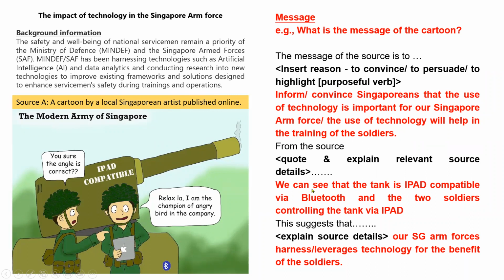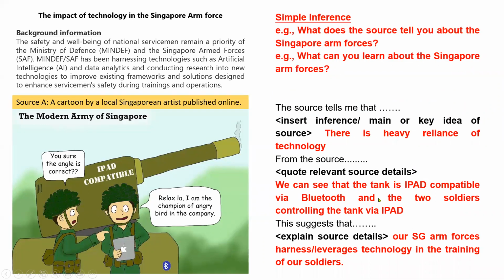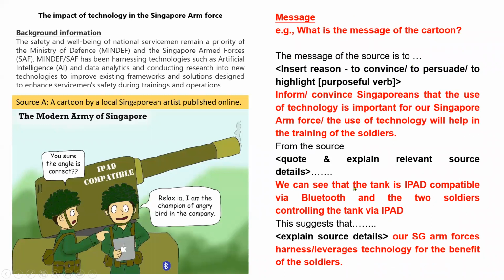And of course, when we code, it would be the same as how we code simple inference, because you're talking about the same source. So we can see that the tank is iPad compatible via Bluetooth, and the 2 soldiers are controlling the tank via iPad. It shows that our Singapore Armed Forces harnesses or leverages technology for the benefit of the soldiers.